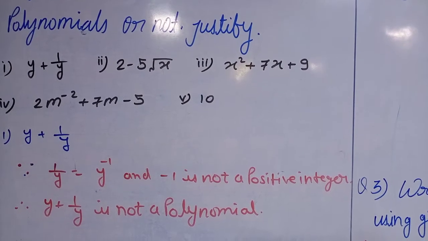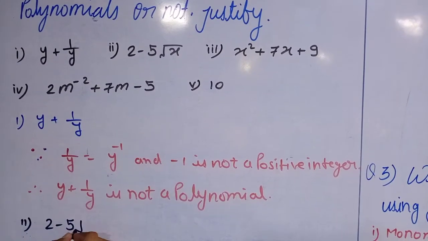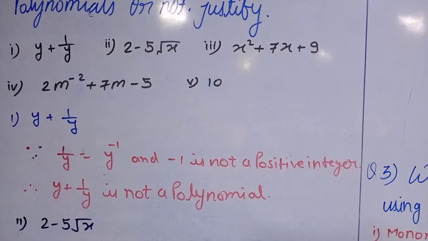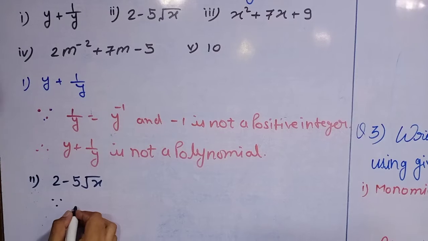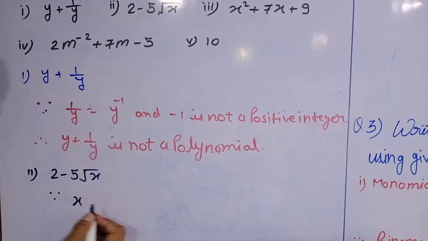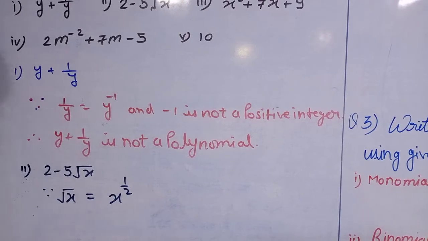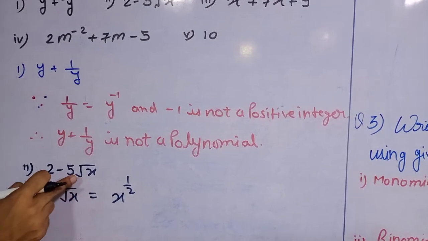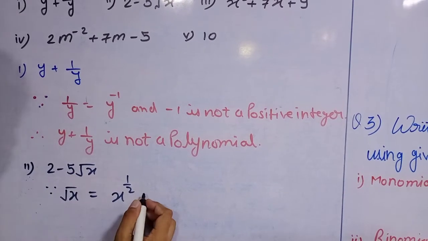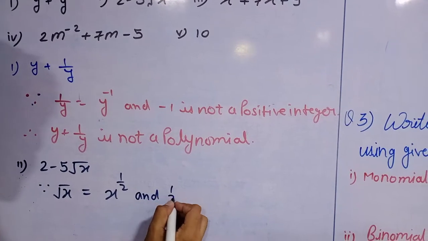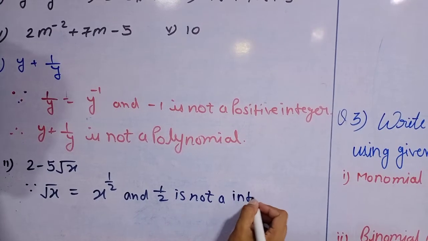Now the second one, 2 minus 5 root x. Here root x is equal to x raised to 1 upon 2, because the index is not given, so we can write that as 1 upon 2, and 1 upon 2 is not an integer.